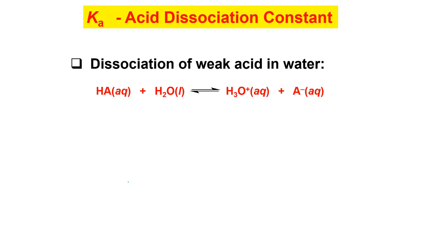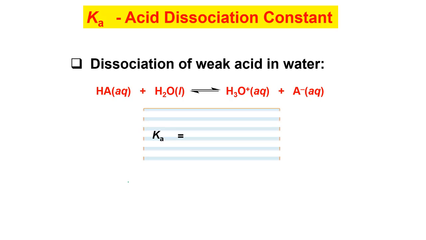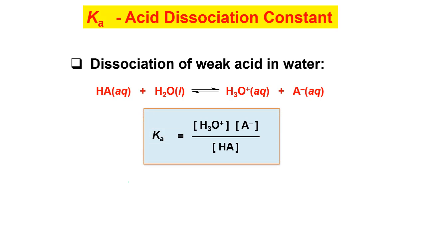So it dissociates in water very slightly. It forms hydronium ion and A- ion. So the Ka expression, the acid dissociation constant, which is applicable for weak acid only, is equals to concentration of hydronium ion times concentration of A- ion divided by concentration of HA.